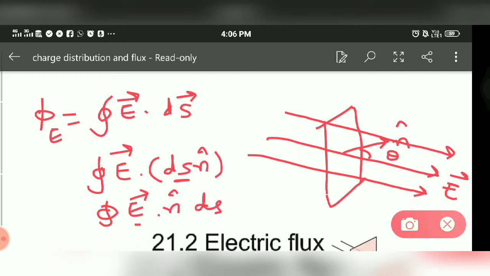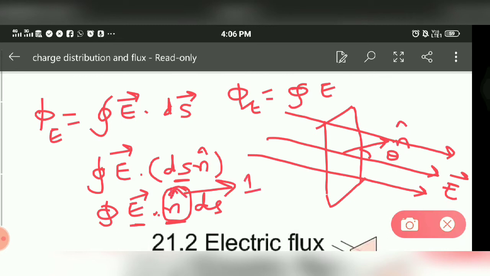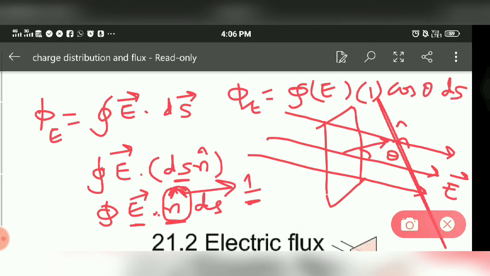So we have an angle between E and n, that is cos theta here. So phi E is equal to the integration of E, and the magnitude of n cap is 1. We know for every cap quantity the magnitude is 1. The magnitude of E is E, times 1, times cos of theta between them, times ds.